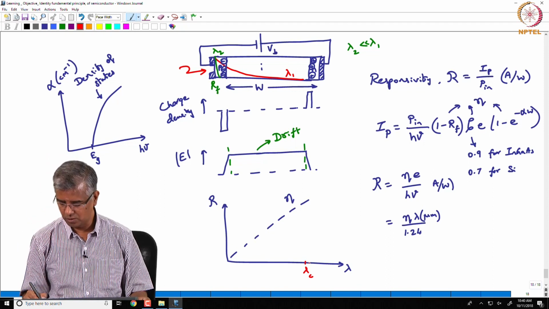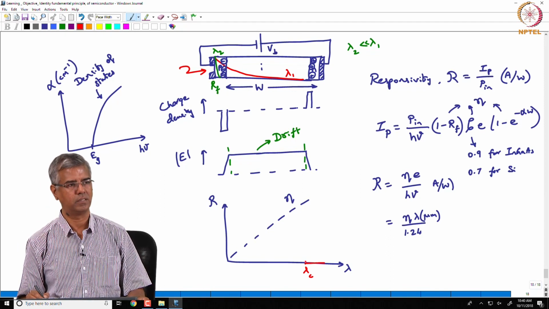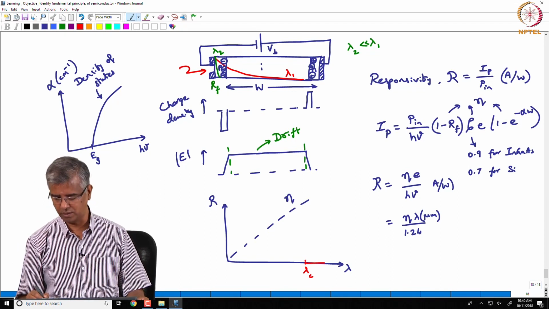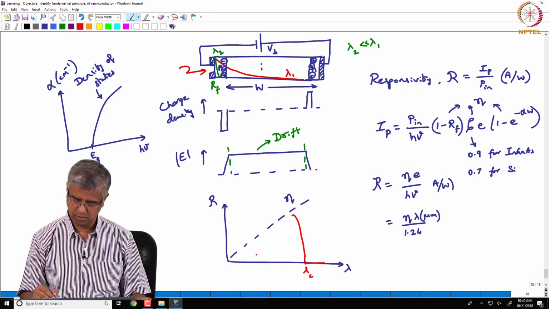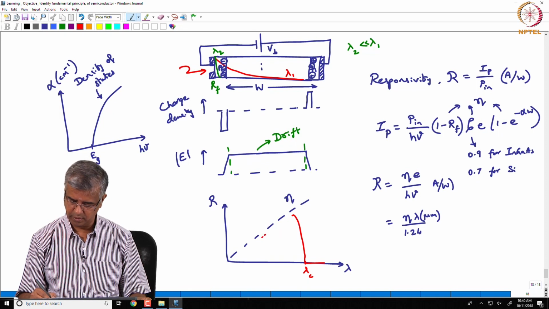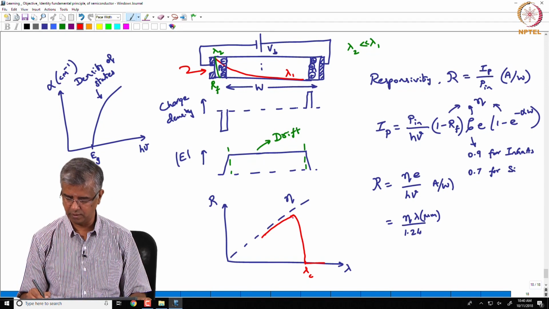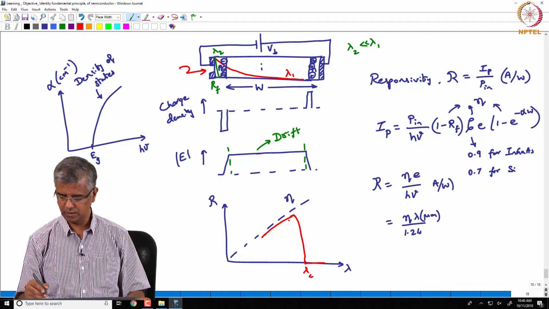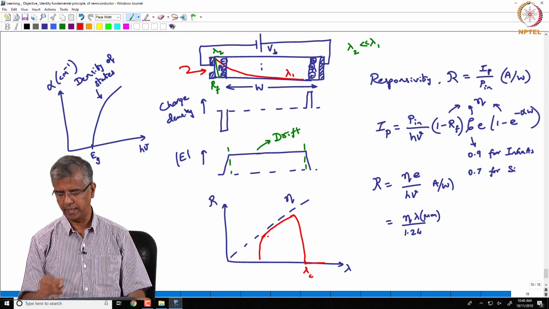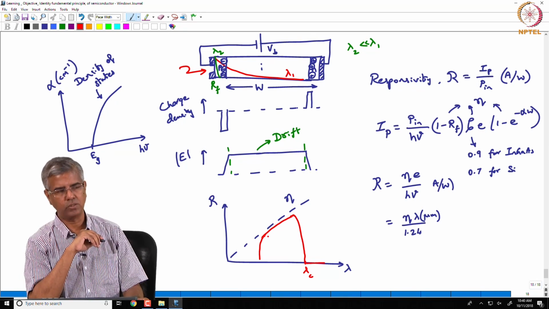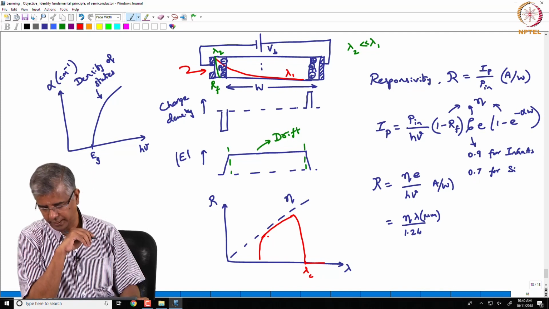So, there is zero responsivity beyond this. But within this, it's going to increase, and then it's going to be guided by your value of eta, and then it's going to drop off, right?